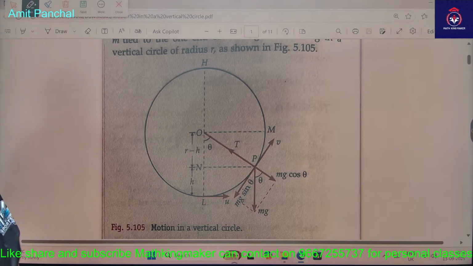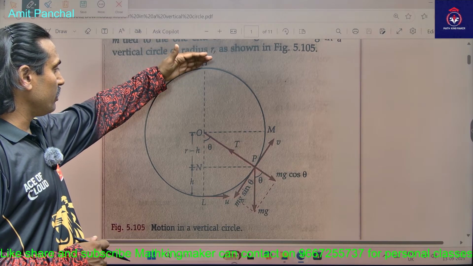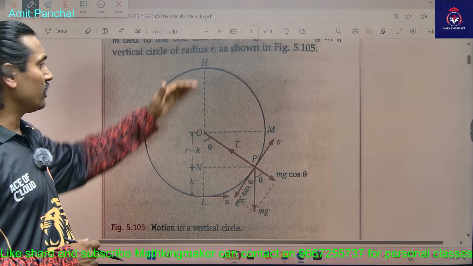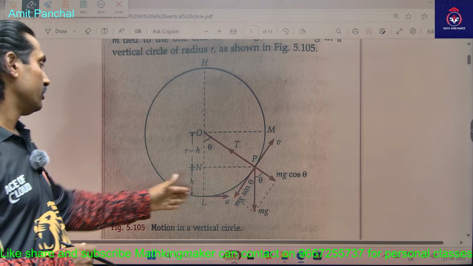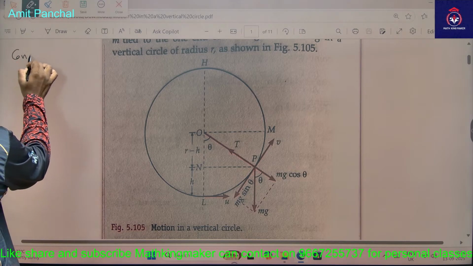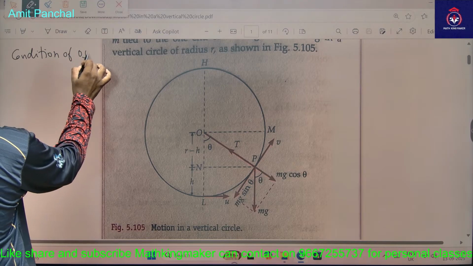First possibility is that the body will leave the circular path, or it will drop and oscillate about the lowest point. First of all, the first condition we'll see is oscillation. So what will be the condition of oscillation?